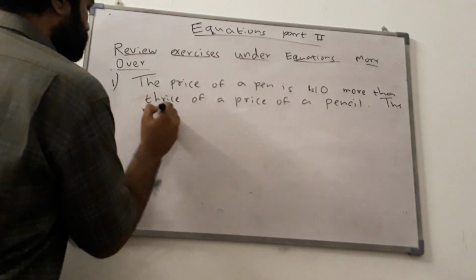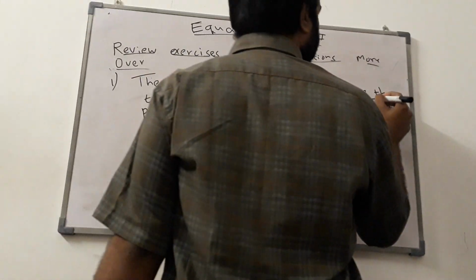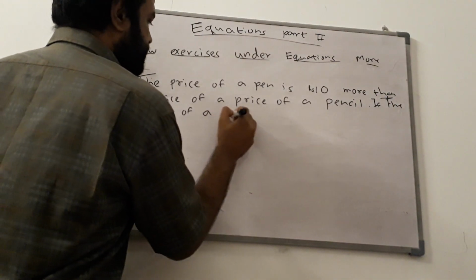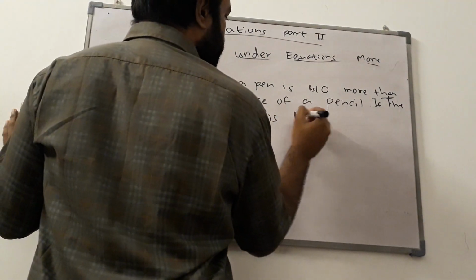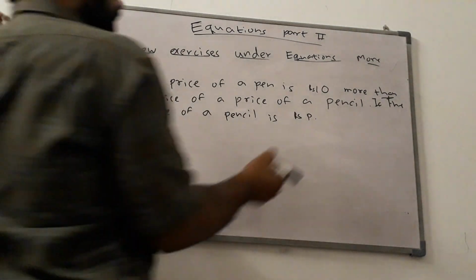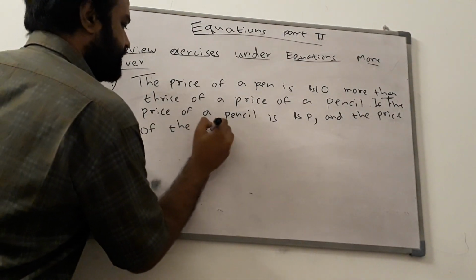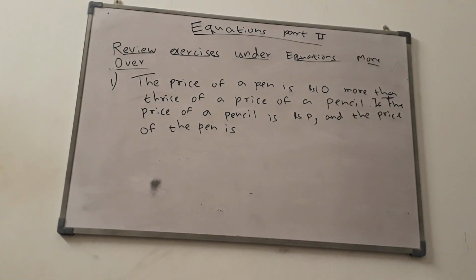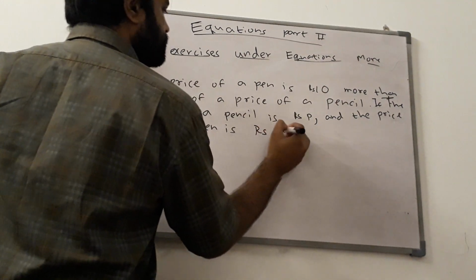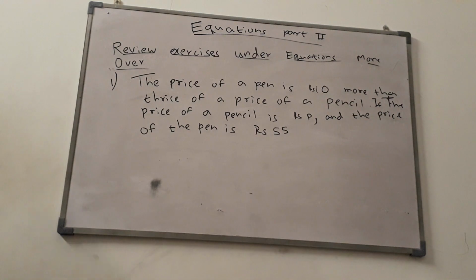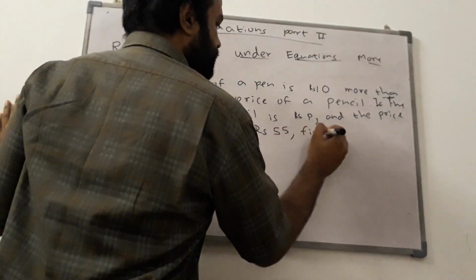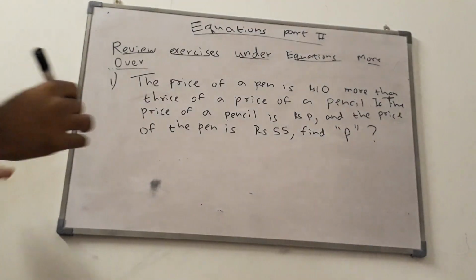What it says is, if the price of a pencil is P rupees, and the price of the pen is 55 rupees, find P. P means the price of a pencil.